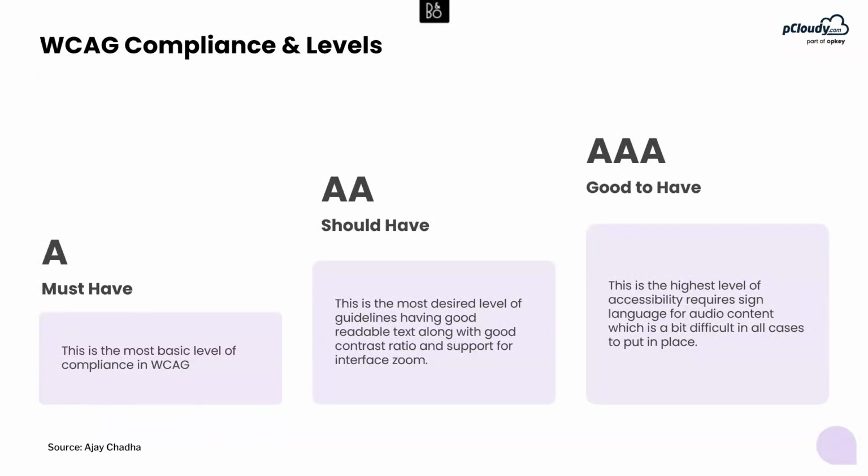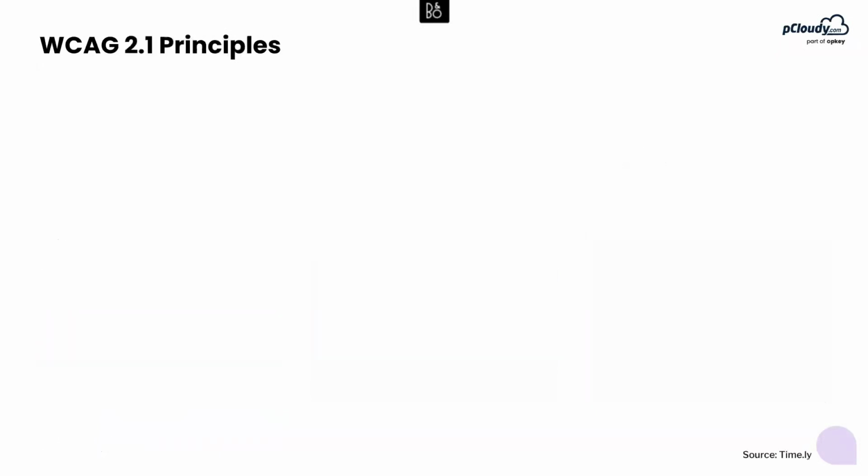It is not recommended to strive for full AAA compliance, as it is not possible to satisfy all the AAA success criteria for some content. So the website has to be compliant to all these three different compliances which we just spoke about. We spoke about ADA, there is Section 508, and lastly it's WCAG.